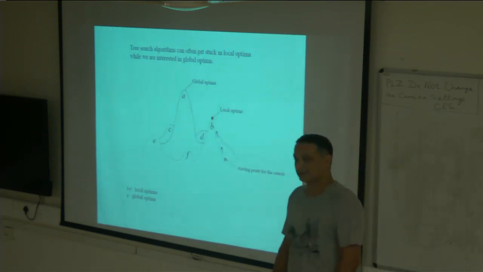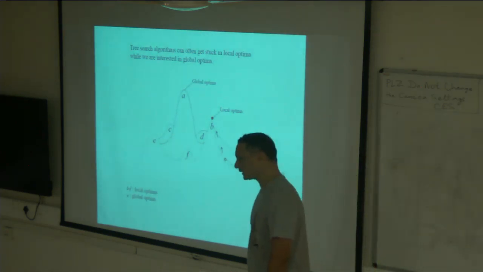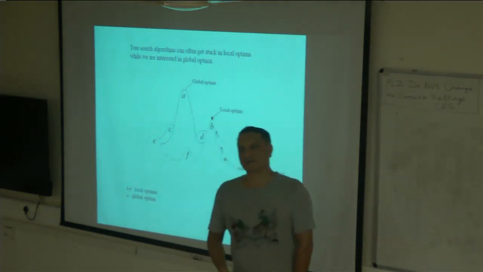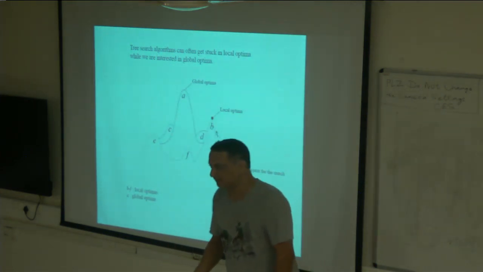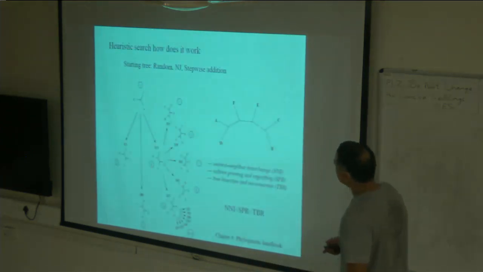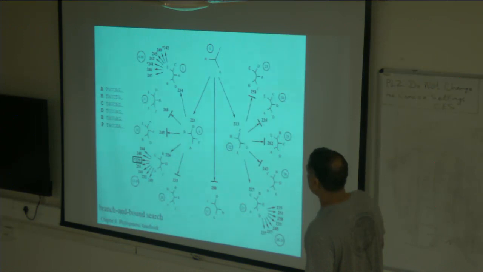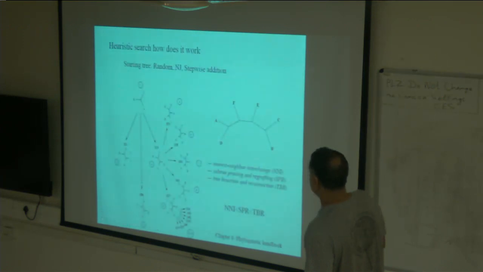So the way many of these tree building methods work is, you start with a random tree, or you start with an NJ tree, or there's another method called, that was branch and bound. NJ, random, or stepwise addition.